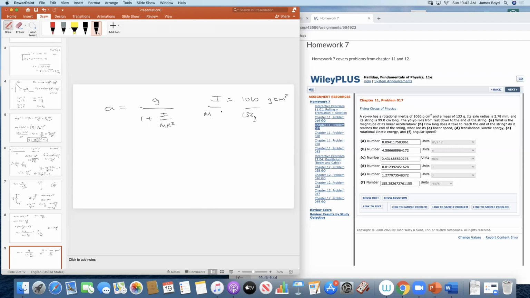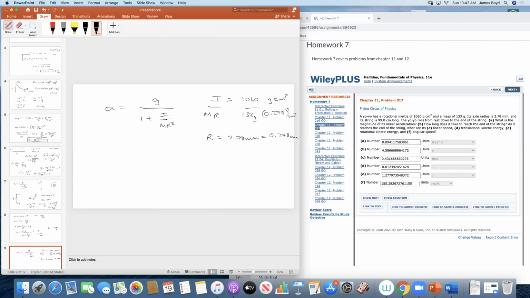Sorry, we're given r in terms of millimeters. So r is 2.78 millimeters. We need to turn that into centimeters, which is 0.278 centimeters. If we put that here squared, we get centimeters squared. And then this whole thing is consistent unit-wise.